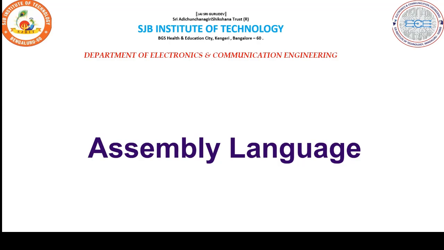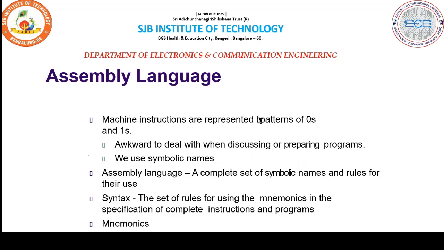So in assembly level language, machine instructions are represented by patterns of zeros and ones. These are awkward to deal with when discussing and preparing programs, so we use symbolic names such as move, add, increment, and br.